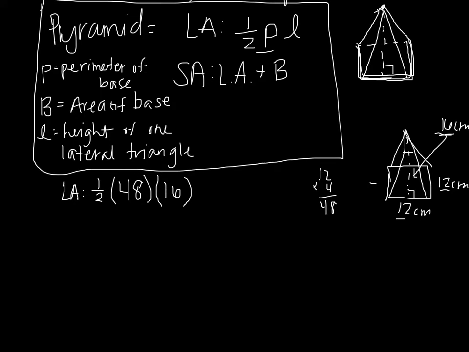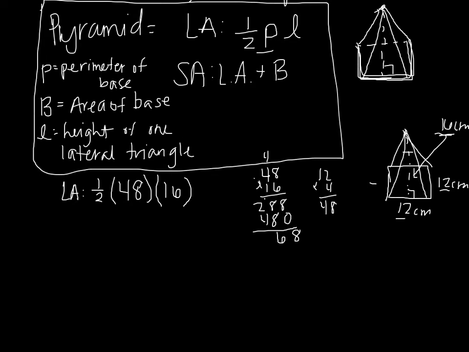Now I just need to multiply here. 48 times 16. 6 times 8 is 48. 6 times 4 is 24, plus 4 is 28. Add my 0. Bring down my 8 and my 4.